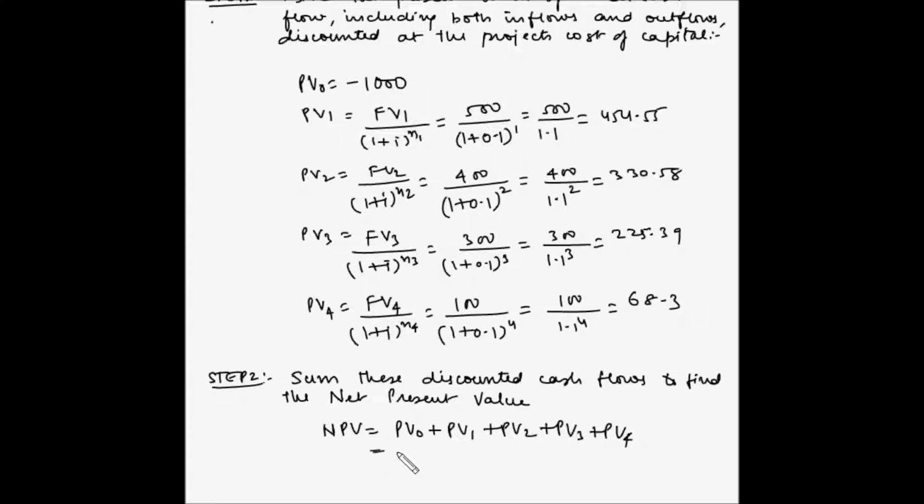So this is equal to minus 1000 plus 454.55 plus 330.58 plus 225.39 plus 68.3.